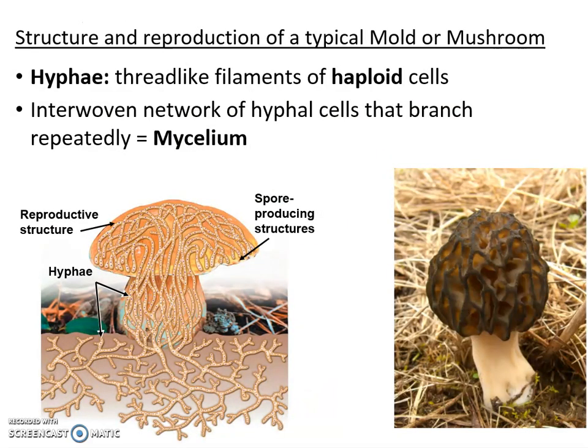When you look at the structure and the reproduction of members of the fungus kingdom, molds or mushrooms are unlike the yeast cells that basically grow kind of like a bacteria cell that can do mitosis and meiosis. But when you look at molds, they will actually grow as long thread-like filaments of cells that are known as hyphae.